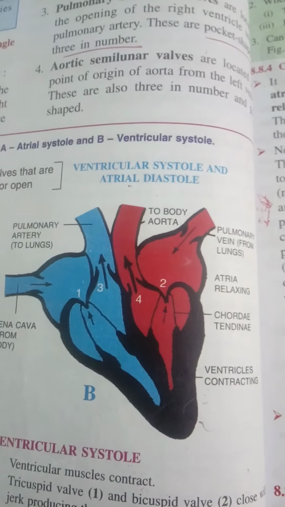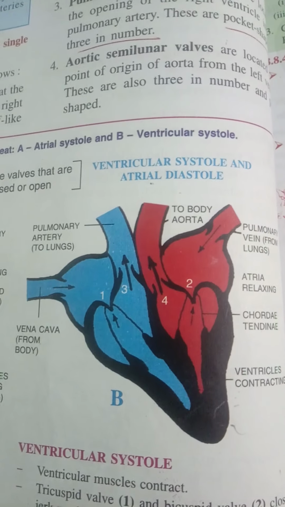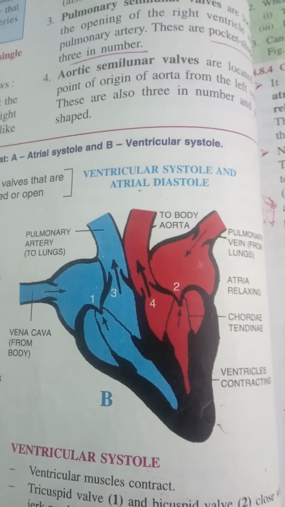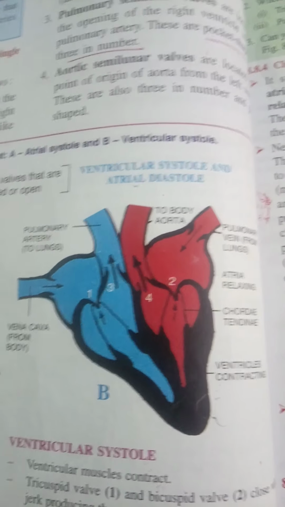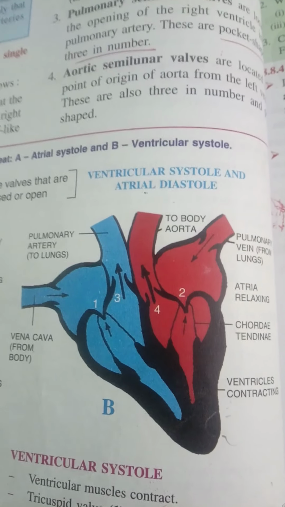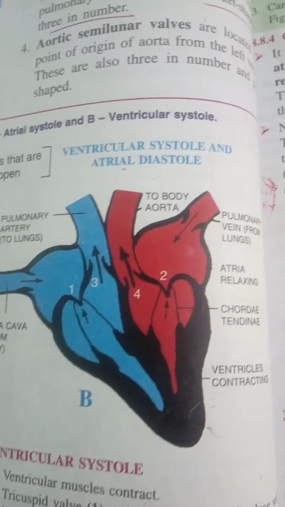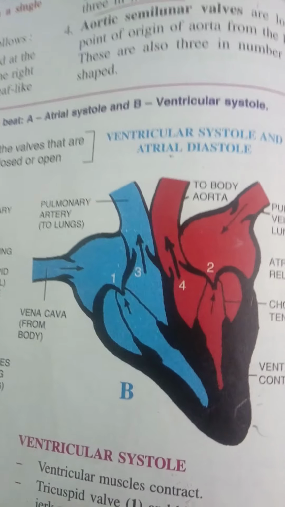Therefore people have a common belief that the heart is located on the left side of the chest, but the heart is located in the center between the two lungs and above the diaphragm.